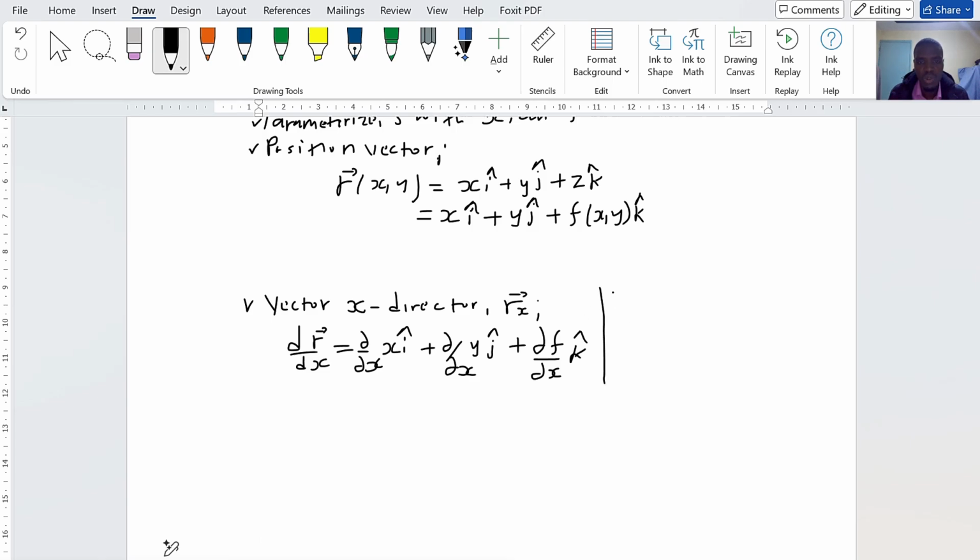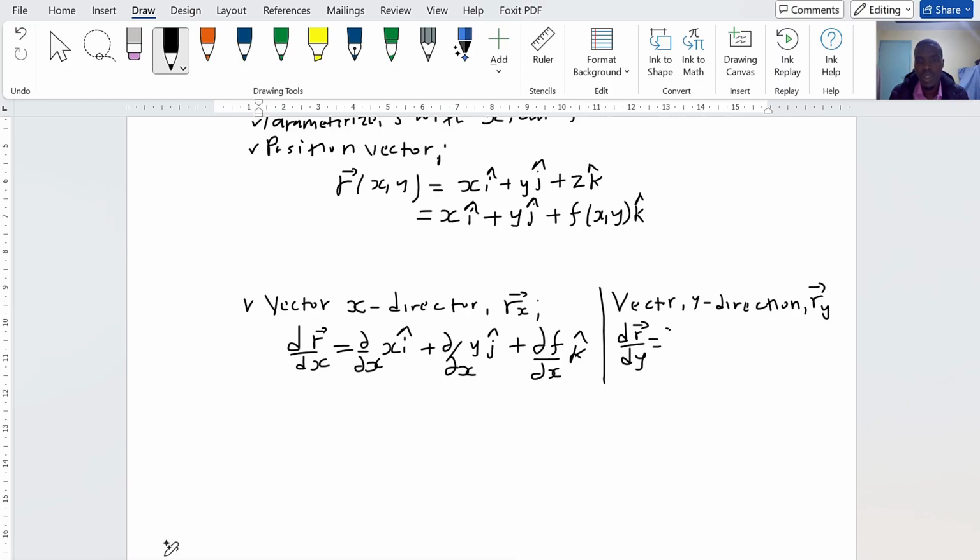So we are going to find the vector of our position vector in the y direction at the same time, which will be r_y. Now we find that by differentiating r with respect to y.